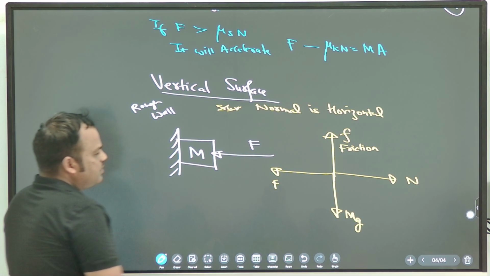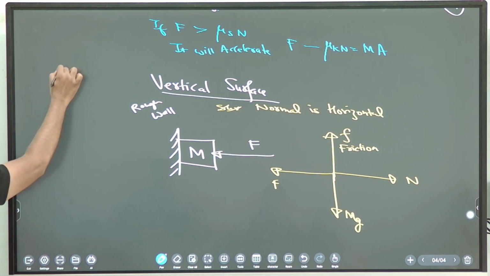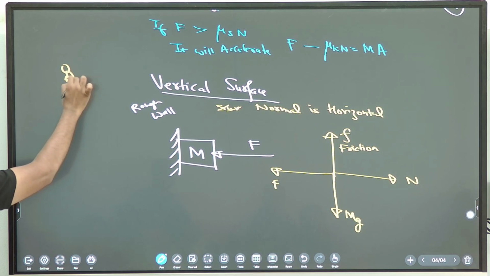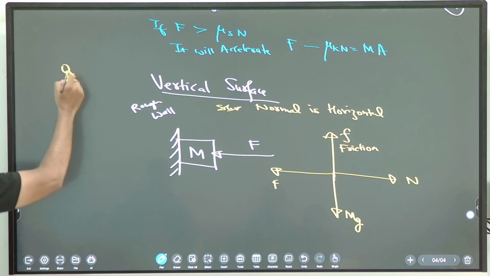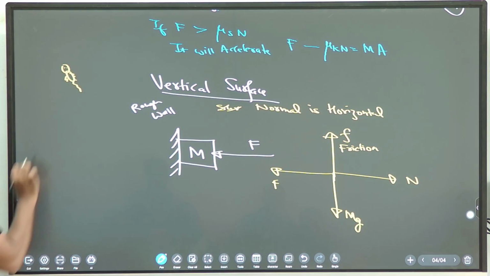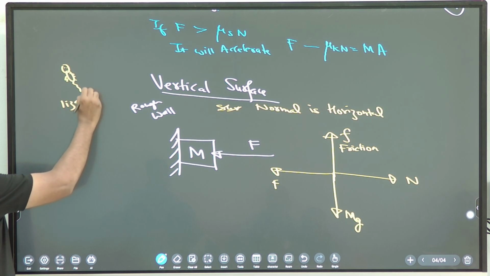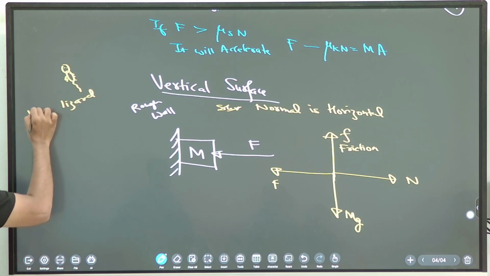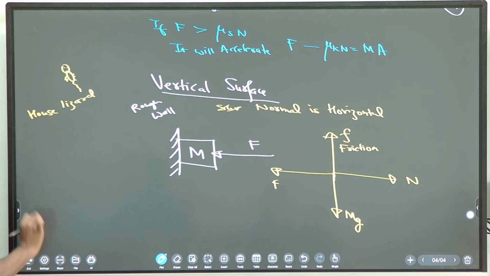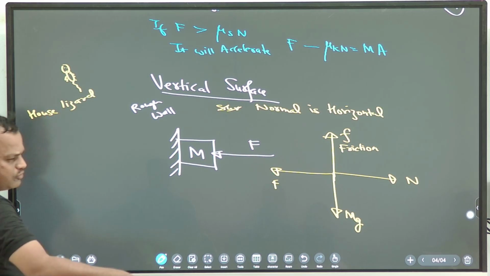See, like a house lizard. You know the lizard. Where do you see a house lizard? On the floor?